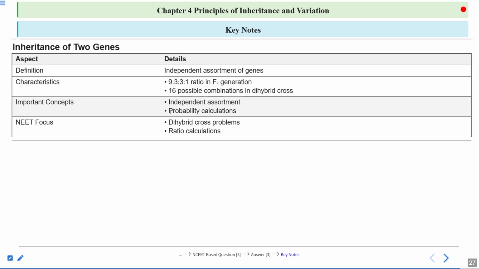And you can get questions on probability calculations, where they will give you a particular genotype and ask what is the probability of this genotype occurring: 25%, 50%, or how much, 9/16 or 3/16. What is the NEET focus here? They can give you dihybrid cross problems, and they can ask questions on phenotypic ratio or genotypic ratio calculations.